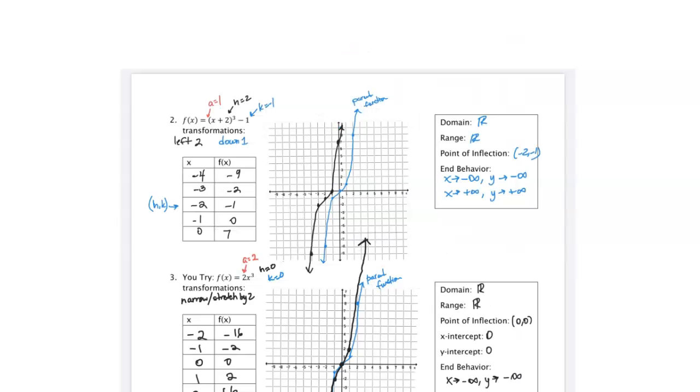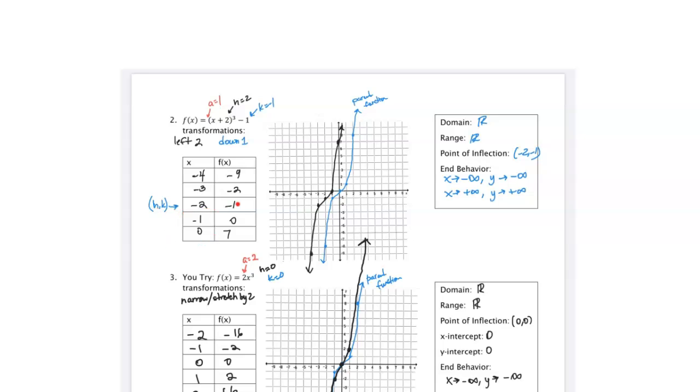All right, and we have our answers for number 2. For number 2, the transformations were left 2 and down 1. Notice that compared to our parent function, the new point of inflection is left 2 and down 1 from where it originally is, which would have been 0, 0. Using Desmos, we came up with the following table.